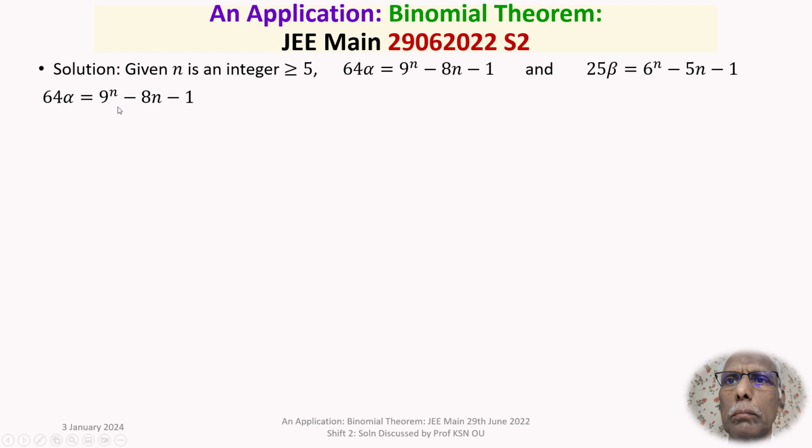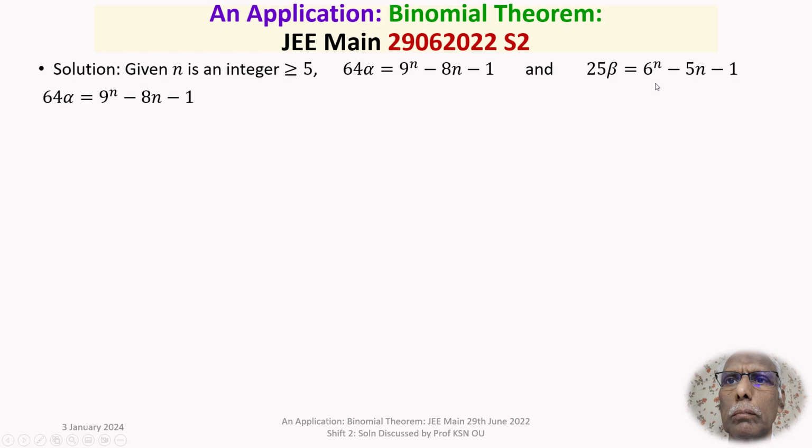Now, by looking at the options, it suggests that we write 9 power n as 1 plus 8 whole power n and expand by means of the binomial. Then the powers of 8 will be coming out, and from the second one expand 6 power n as 1 plus 5 to the power of n by means of binomial.